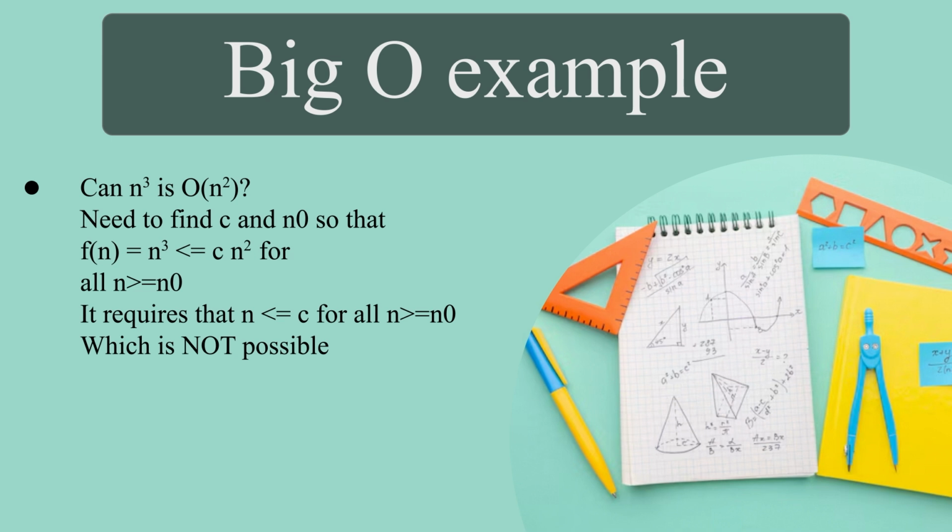That n should be less than or equal to C for all the values of n greater than or equal to N0. Now these two are contradictory statements, so this is not possible. Therefore n cube cannot be represented by order n square. N cube will be represented by order n cube only.